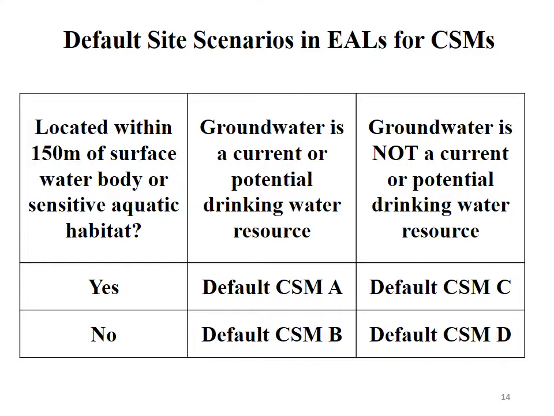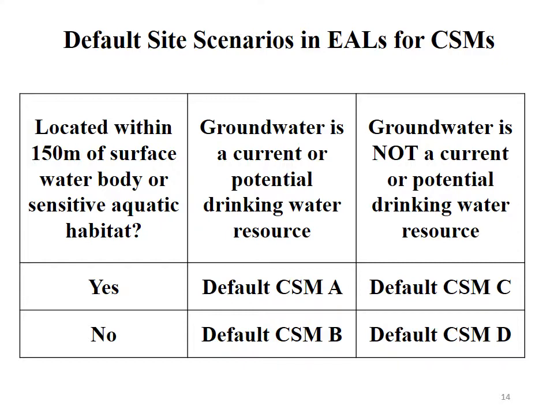Another site characteristic that we have different EALs identified for some sites include whether the site is residential use, unrestricted, or residential use, and then whether it's commercial industrial use.